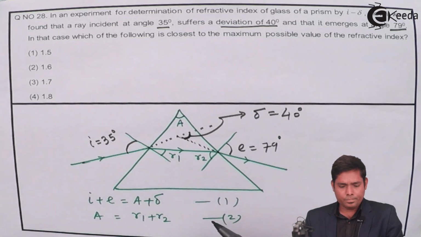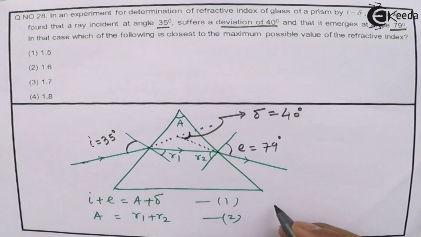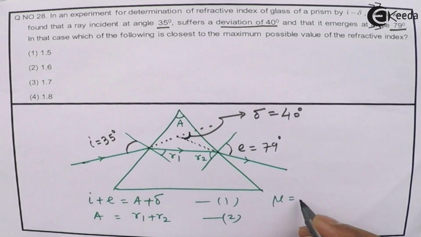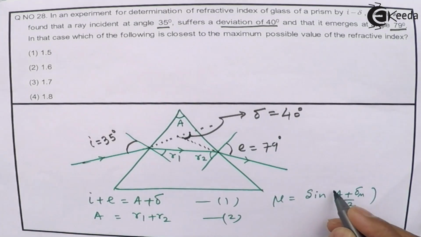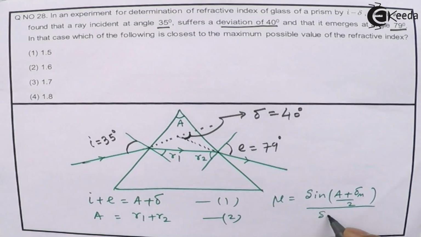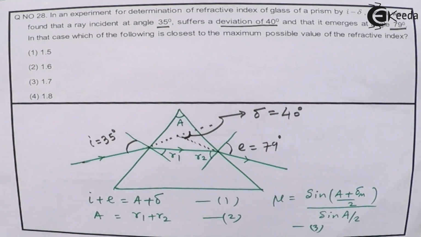And we have mu, which is sine of (A plus delta m) divided by 2, divided by sine A by 2. This is equation number 3 that we are going to use. This is the refractive index of the prism. So these three equations we can use.